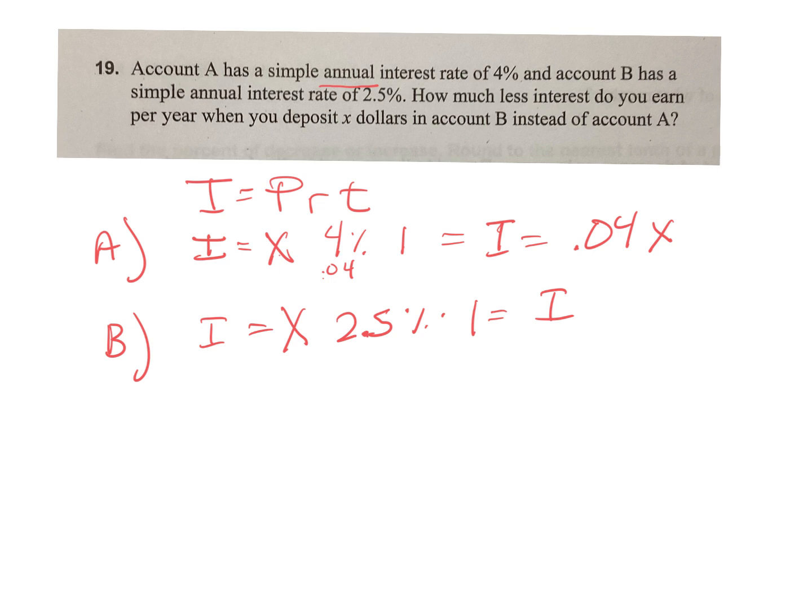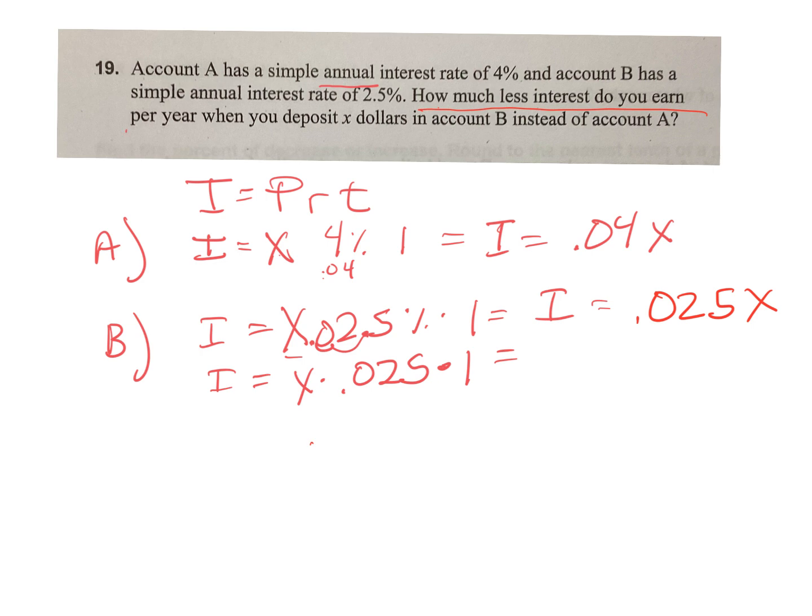And on this one, I'm going to make this a decimal, so it's I equals x times 0.025 times 1. And x times 0.025 times 1 is 0.025x.